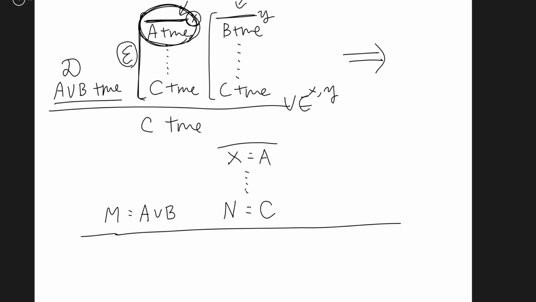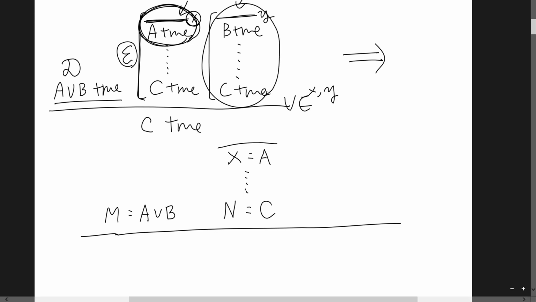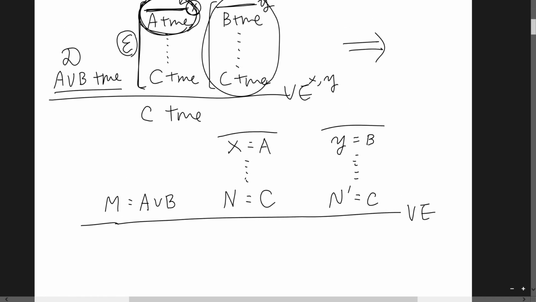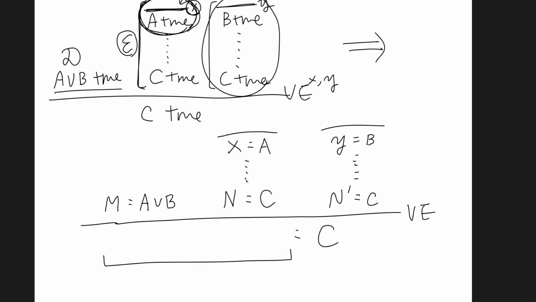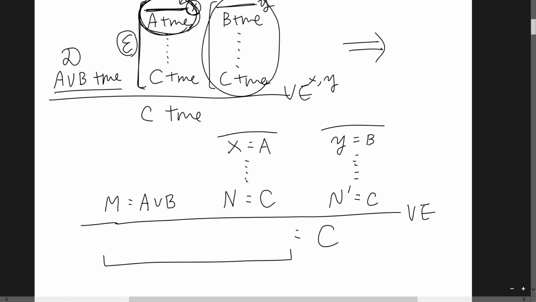And similarly here, suppose that this one has been translated to N prime of type C, starting with the label Y colon B. And then this is going to be the disjunction elimination rule. The final proof term is going to have type C, and you can use any syntax for this proof term, but we'd like to use the so-called case term.